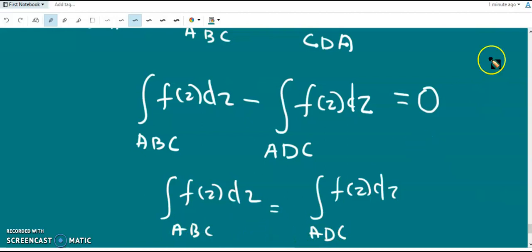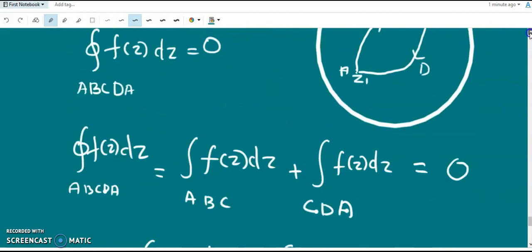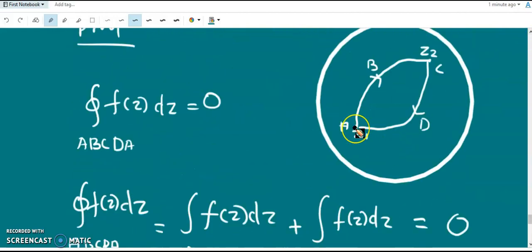So we can see that here the integral of f of z dz over A, B, C is the line integral over this line, and the integral of f of z dz over A, D, C is the line integral over the other line. So whatever be the shape of this line, this integral is the same.